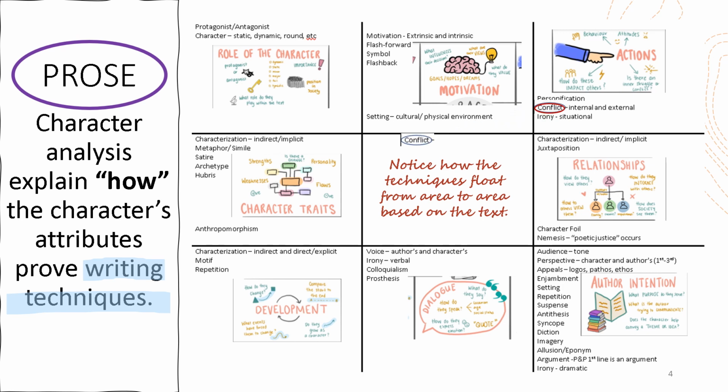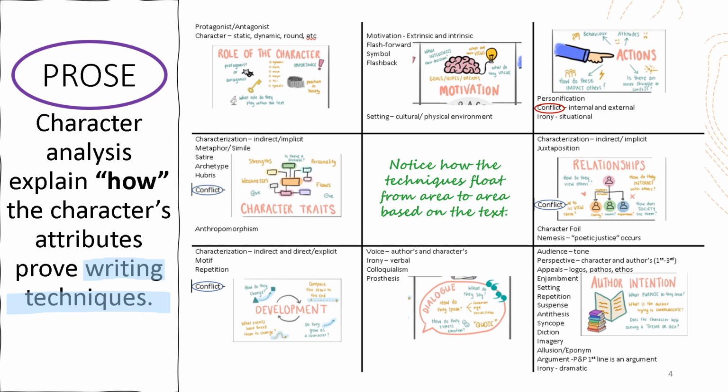For this example, conflict can refer to the character's actions, the character's trait, the character's development, and the character's relationship. No one device or element is going to be static or concrete or be permanently in one square when it comes to the character analysis.